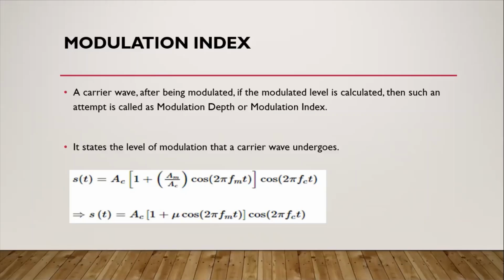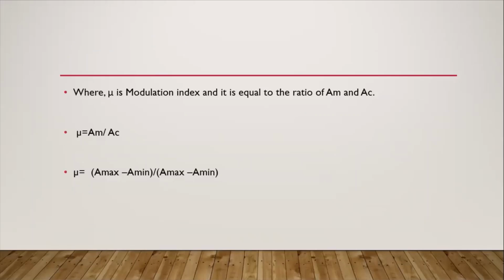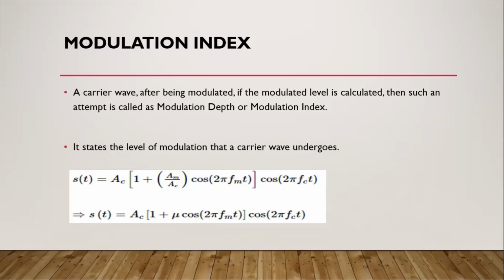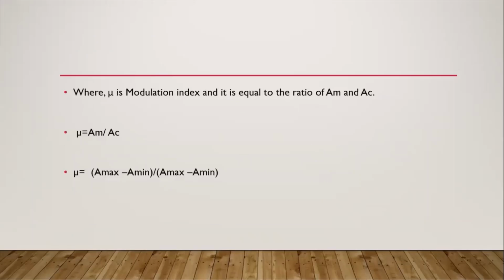The formula, simplified, is S of t equals A_c times (1 plus mu cosine 2 pi f_m t) times cosine 2 pi f_c t. Here mu is the modulation index. Usually the modulation index is a ratio: we divide A_m, the amplitude of the modulating signal, by A_c, the carrier amplitude.